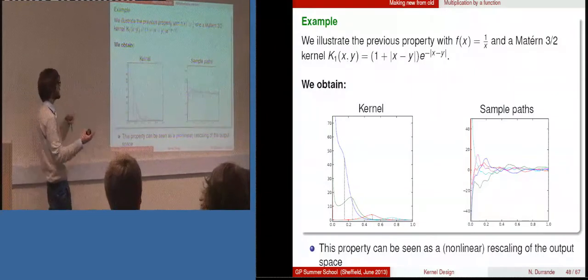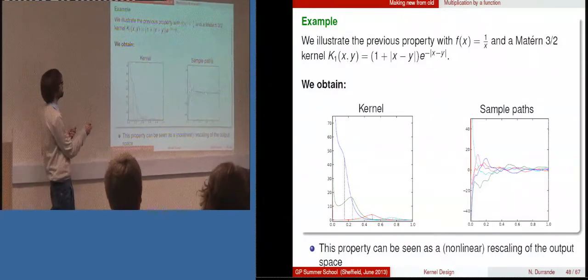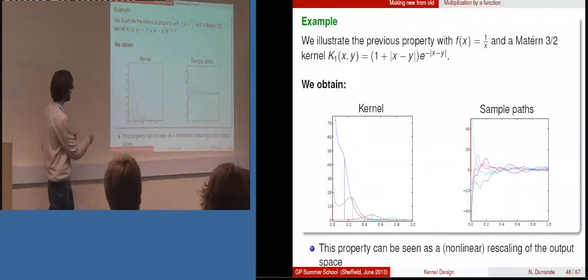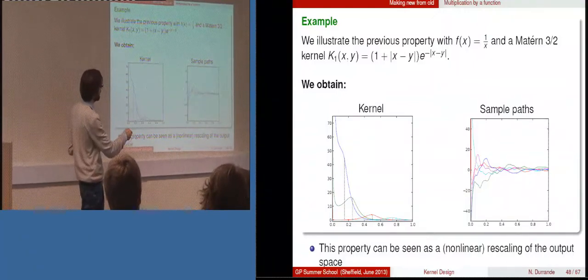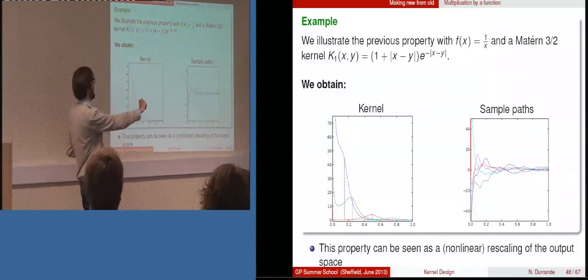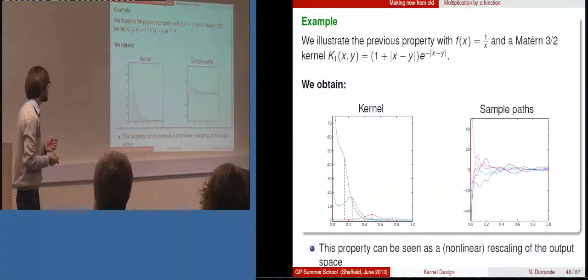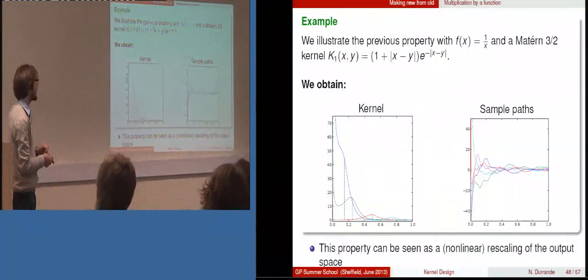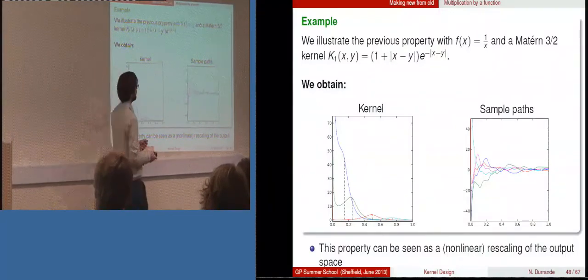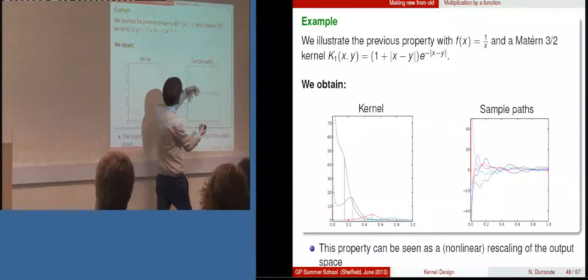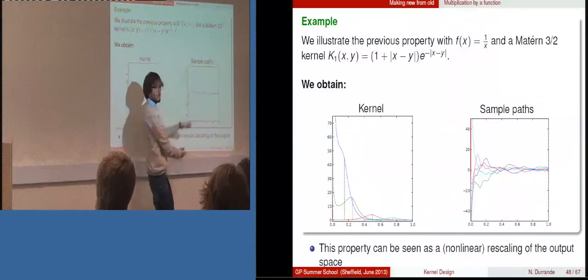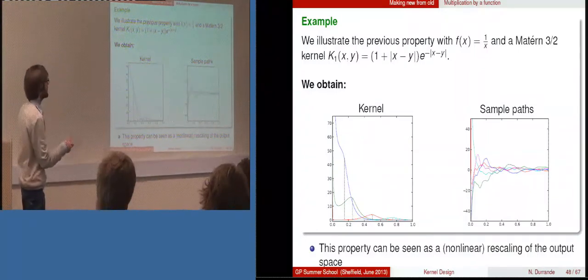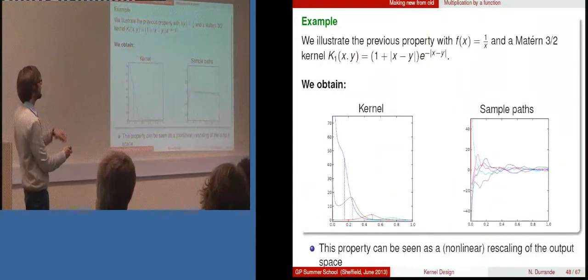It's a kernel that is not stationary anymore, even though we start from a stationary one. It has huge variances around 0 because of the term 1 over x, and you can see on the sample paths that they explode around 0 and then have a smaller variance. That can be seen as a rescaling of the output, where we contract the space in this region and expand the space in this region.